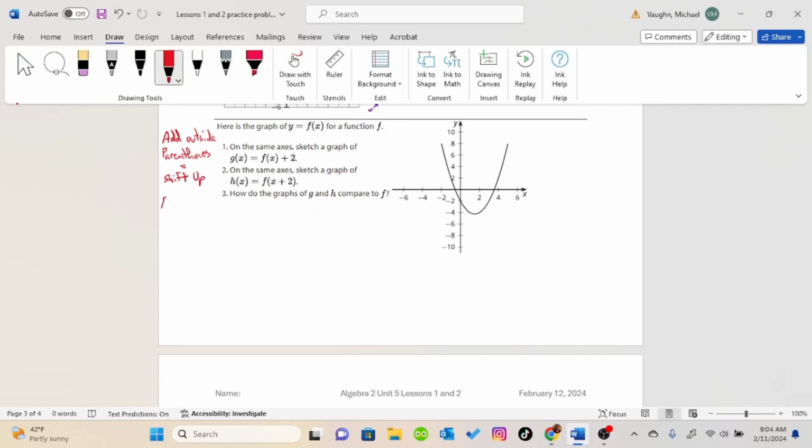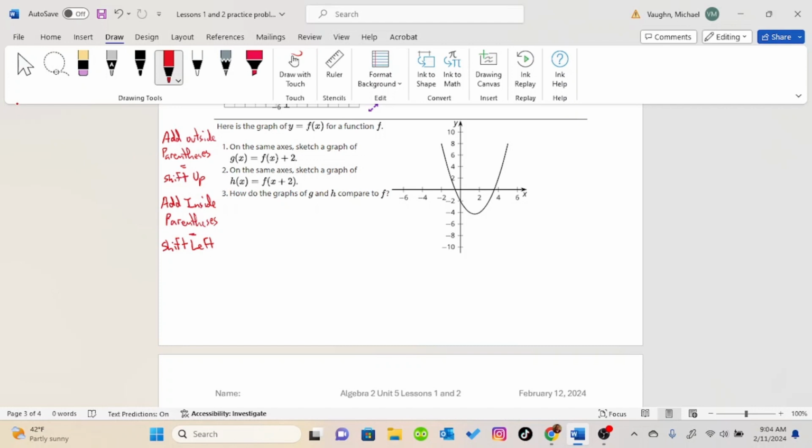If we add inside parentheses, then we shift left.